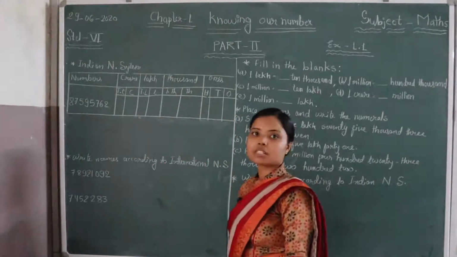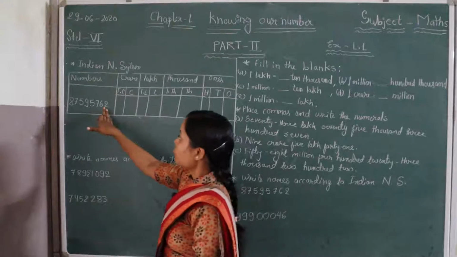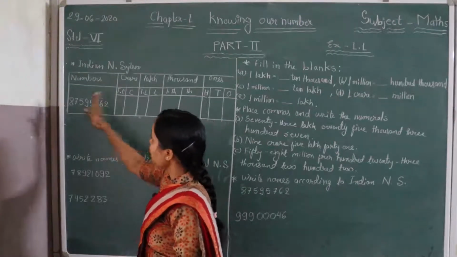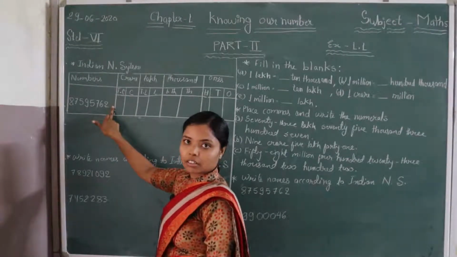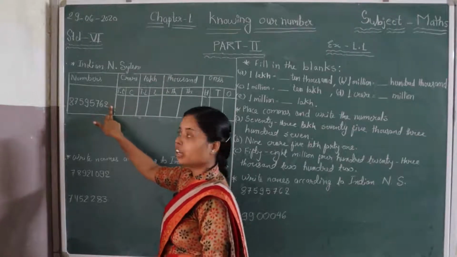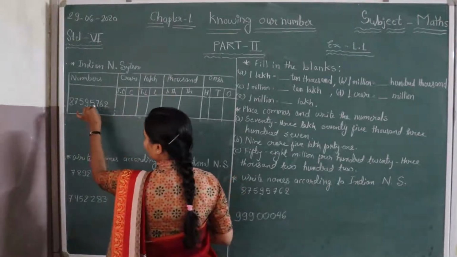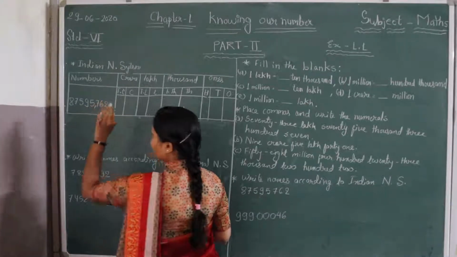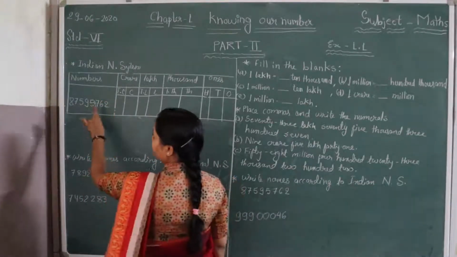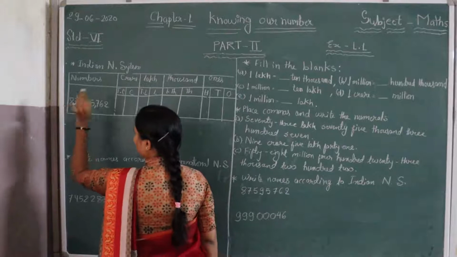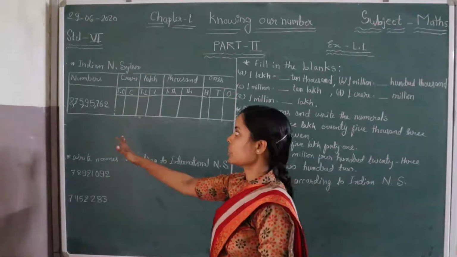So how can we place them? Firstly, we start from its right hand side, after taking 3 digits 1, 2, 3, then every 2 digits. I hope you understand well.